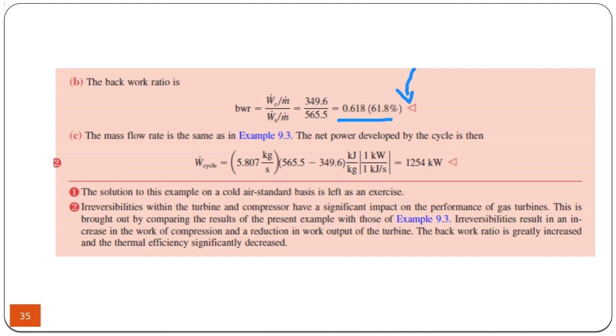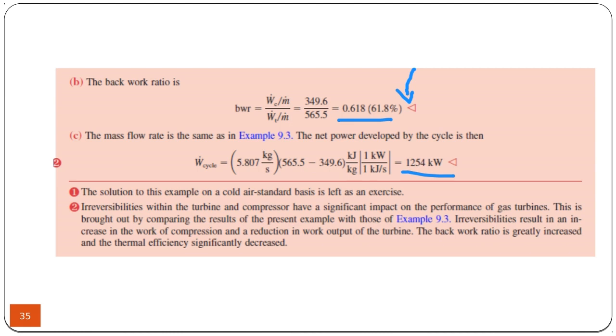It was originally 40%, now it's 62%. And also the produced power is much less than the original one. It was 2000 something kilowatt, now it's almost half of it.